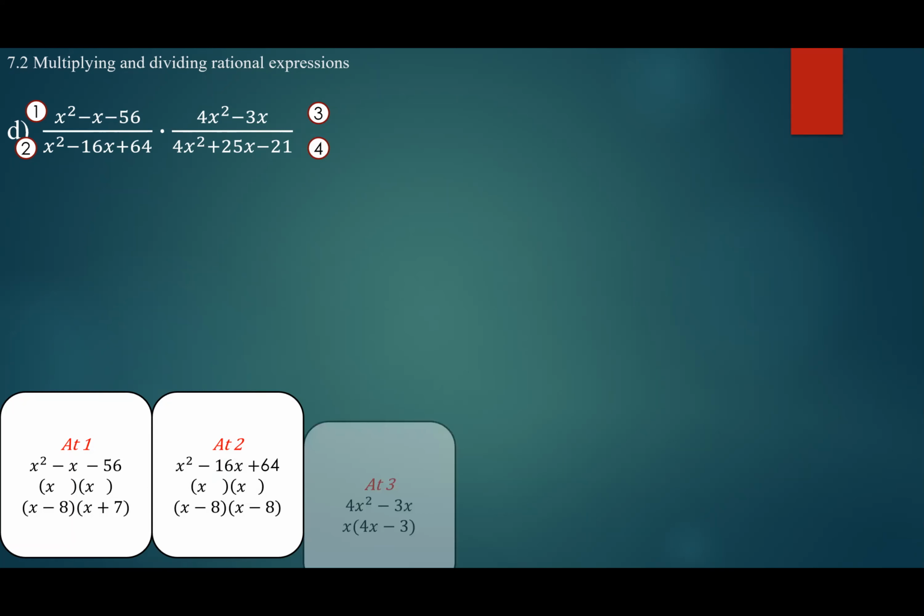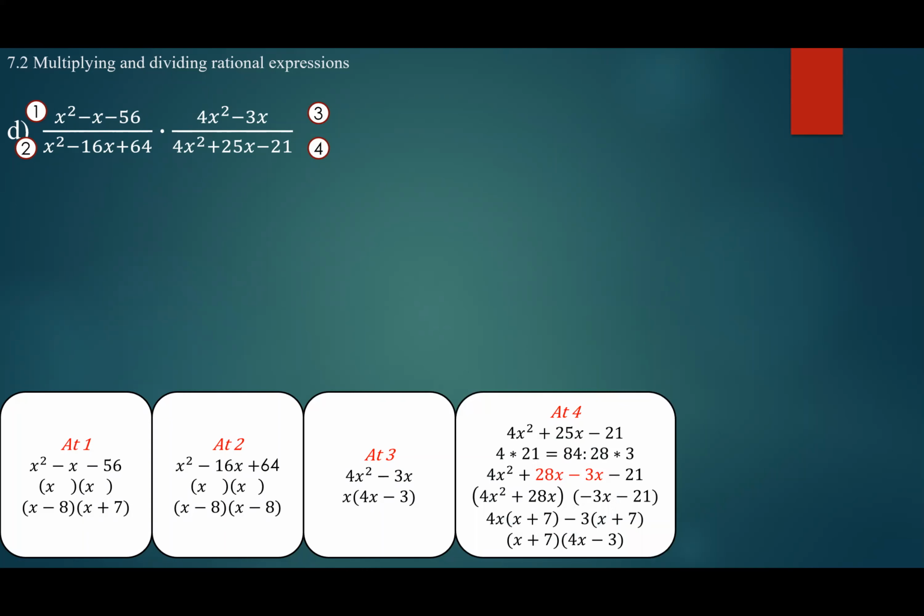At 3, what do we have? Well, at 3, there's nothing we can do except that they have a GCF, and in this case, the GCF is the x. They have an x squared and the x. What you can do is take out x, and this is what you have. And at 4, this is the tedious part. At 4, this is the AC method, because there's no way you can get rid of 4, because 4 cannot go into 45 and 4 cannot go into 21.